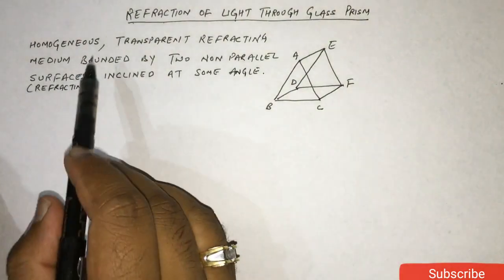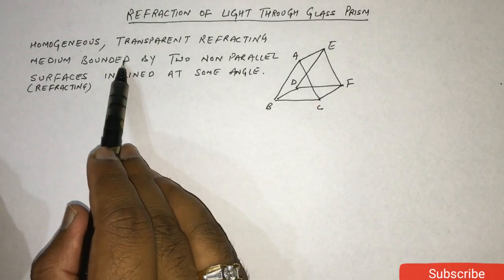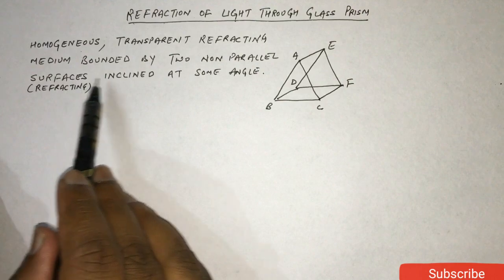Fine. So prism is homogeneous transparent refracting medium bounded by two non-parallel surfaces or refracting surfaces inclined at some angle.